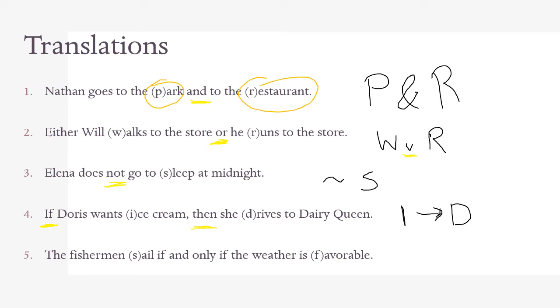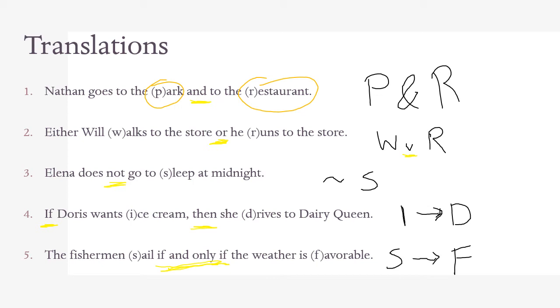Finally, we have the fisherman's sail if and only if the weather is favorable. Again, we can see that we have an S, we have an F, and now we have to just determine what our operator is. So the fisherman's sail if and only if the weather is favorable. So if and only if is represented by a double arrow.